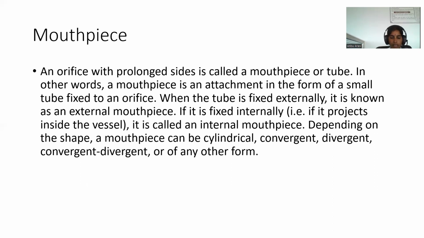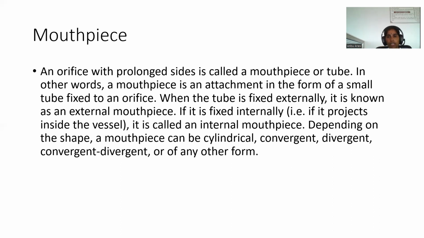Next, mouthpiece. An orifice with prolonged sides is called a mouthpiece or tube. In other words, a mouthpiece is an attachment in the form of a small tube fixed to an orifice.